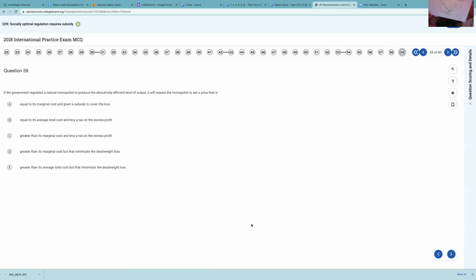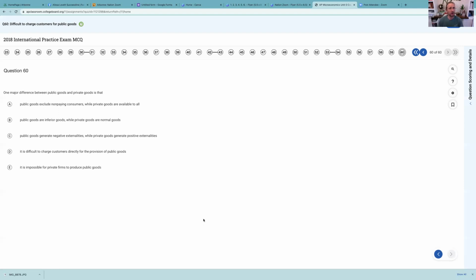So your answer should be that the price is going to be equal to the marginal cost, and they're going to have to grant a subsidy to cover the loss. That looks like answer choice A. Is that what answer choice A says? Equal to its marginal cost and grant a subsidy. Yeah, A. Okay, last one.